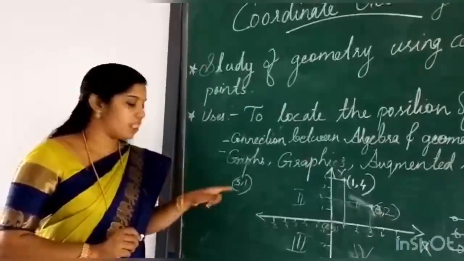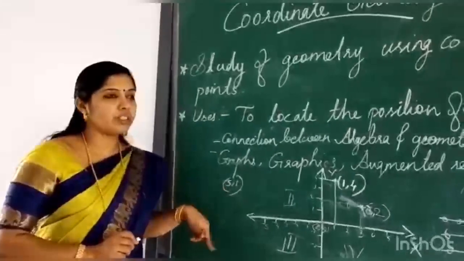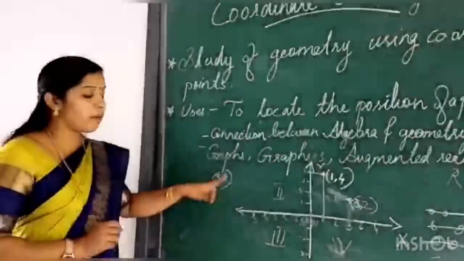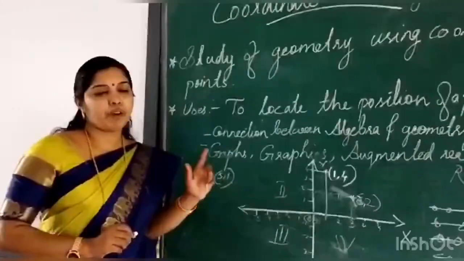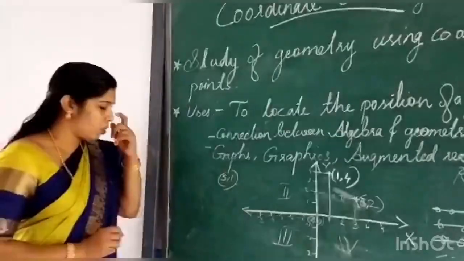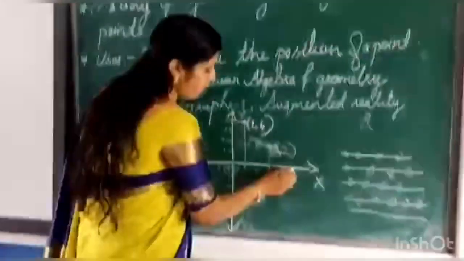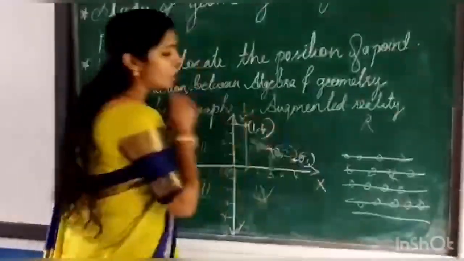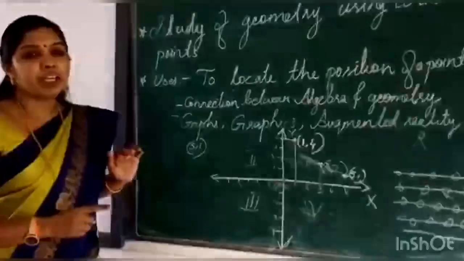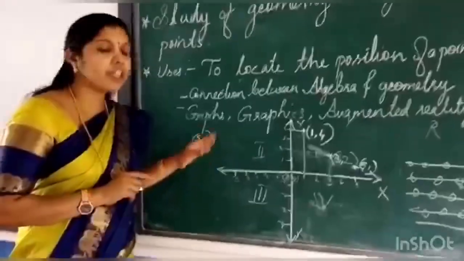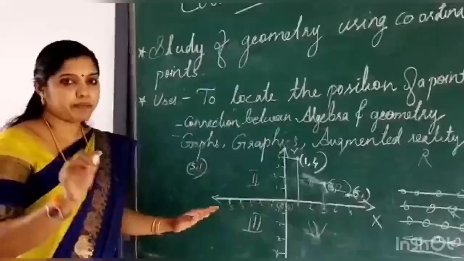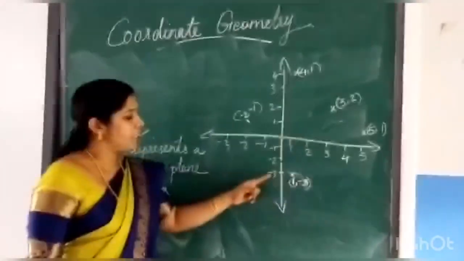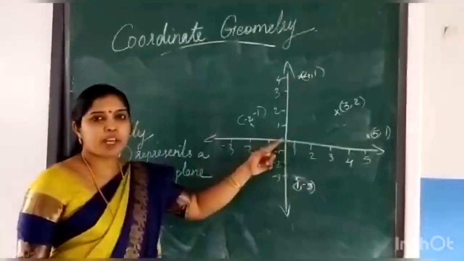The first number shows that it should move 5 units along the x-axis, and the second number shows it must move 1 unit along the y-axis. So you can easily mark 5, then 1, here will be the point. This is how a point is located on an xy plane. Like that, we can represent points on an xy plane.